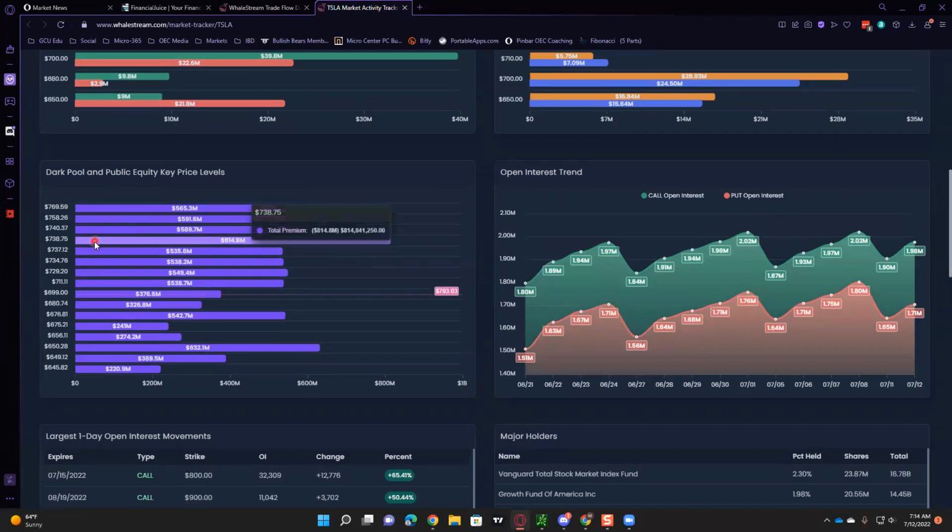But it really looks like 738 would be a number that's spot on for Tesla. 738.75 should absolutely be a level we mark, right? Which is nice because we were talking about 700 and 750. And instinctively, I would want to focus on the midpoint between those two, which would be 725. But this would guide me away from doing that and tell me to put my line at 738 rather than 725. So it's nice to know that we can use this kind of background to help validate our support and resistance levels.